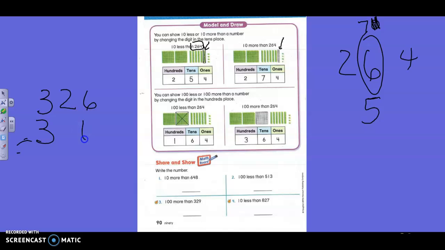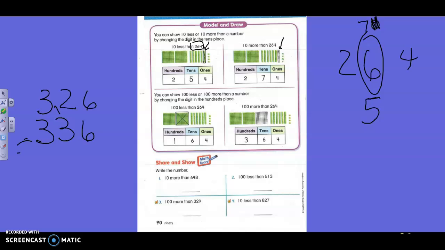No. Okay, but I want 10 more. So what does that mean that changes, Vivian? The 10s. The 2 goes to a 3, because I want 10 more. We're just talking about the 10s. So 2 goes to 3.